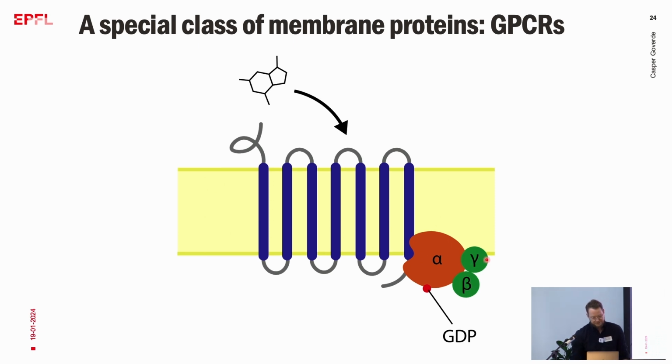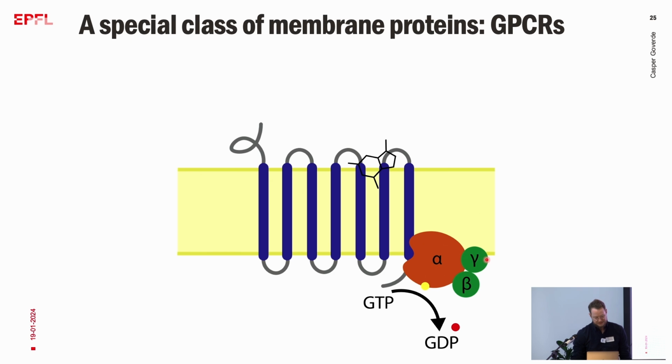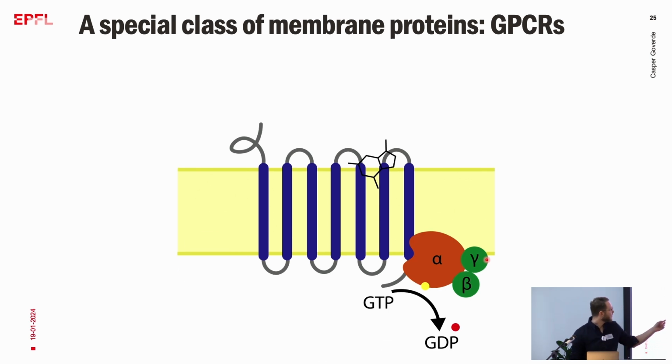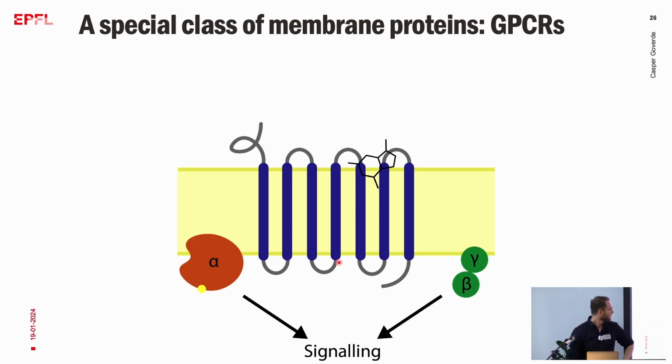Generally, what happens is you have a small molecule that activates the receptor. GDP gets replaced by GTP. And then a signaling pathway is started, because the GPCR has a small conformational change that allows G-alpha to start its signaling pathway and G-gamma and G-beta to start theirs.